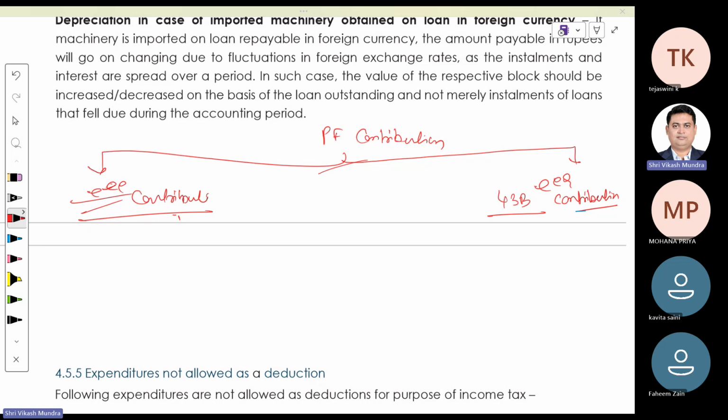Accrual or cash basis? Do you know? Have you heard about this word? Accrual basis and cash basis of accounting. Anyone? Priya, do you know what is accrual basis of accounting?